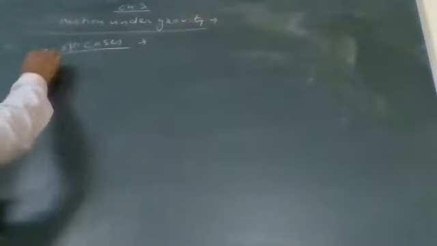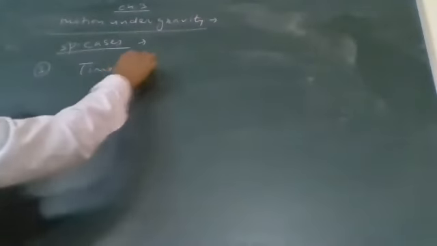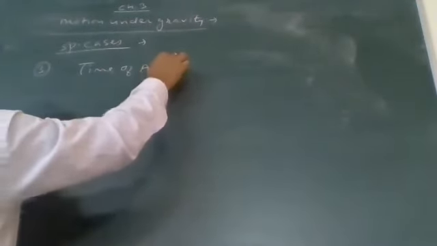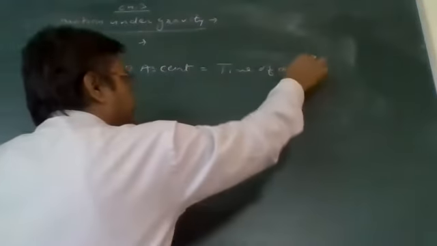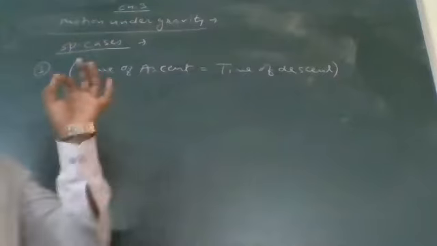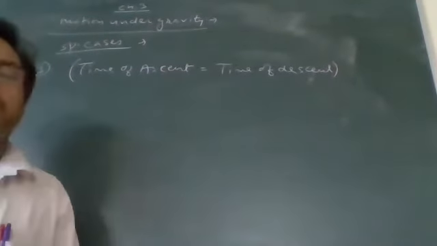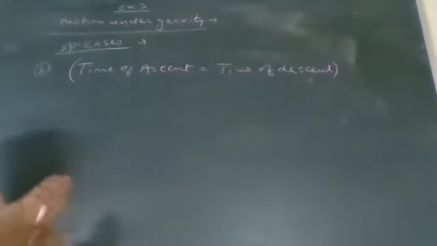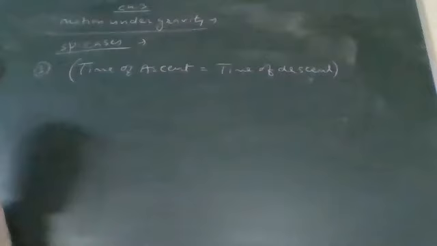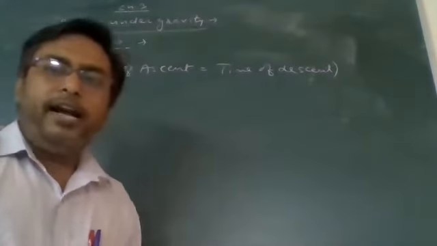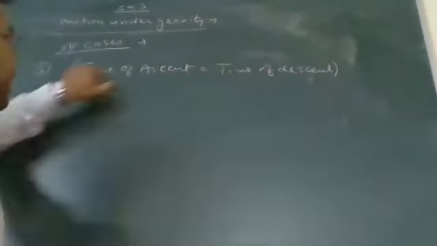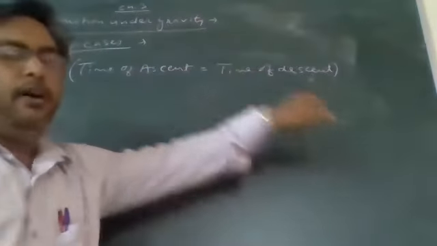Point number 3, time of ascent is equal to time of descent. Make sure we are talking about motion in vacuum only. Motion under gravity in vacuum. No kind of air resistance, no viscous, no dissipative forces are involved here. Time of ascent is equal to time of descent.